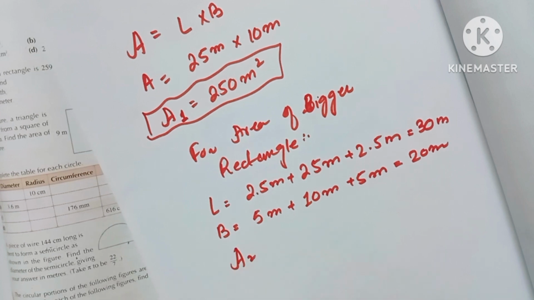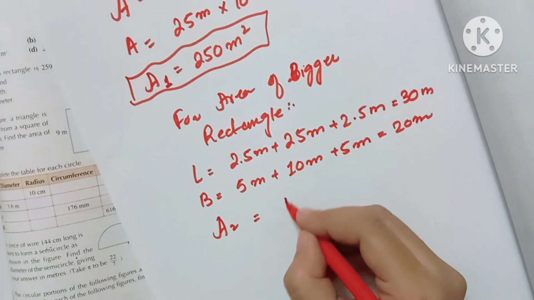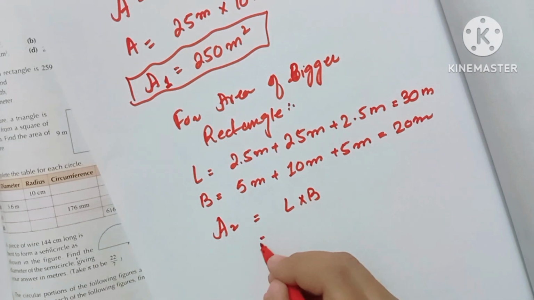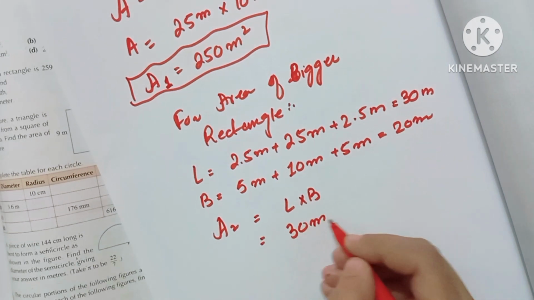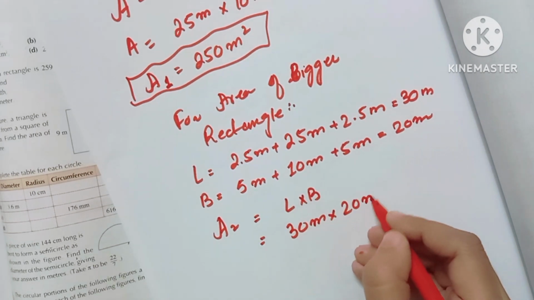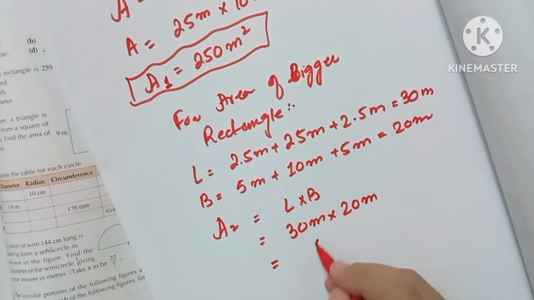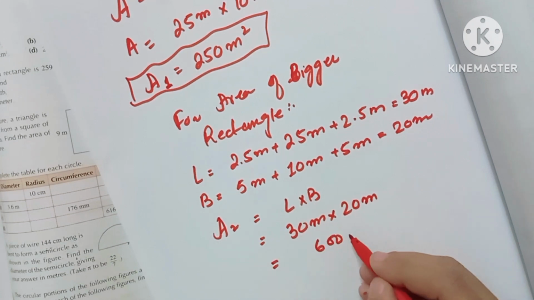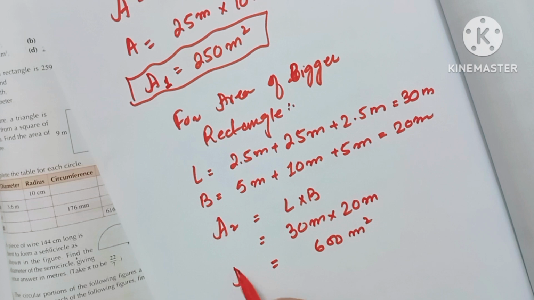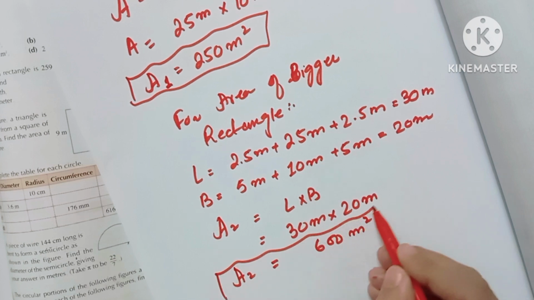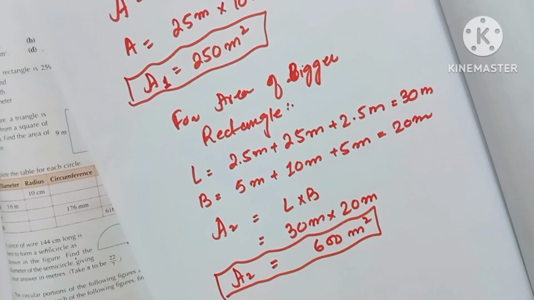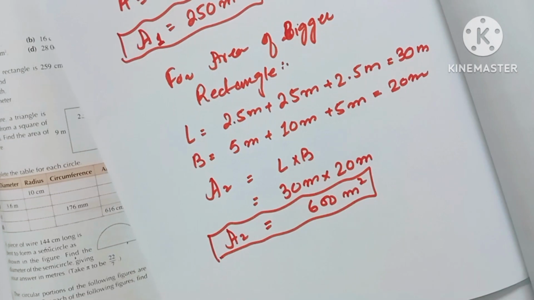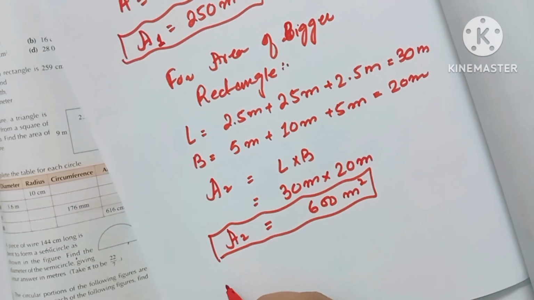So for area 2, equal to length into breadth, that is 30 meter into 20 meter, which will be 600 meter square. Then they are asking about the area of the concrete path. So for this, what do we need to do?